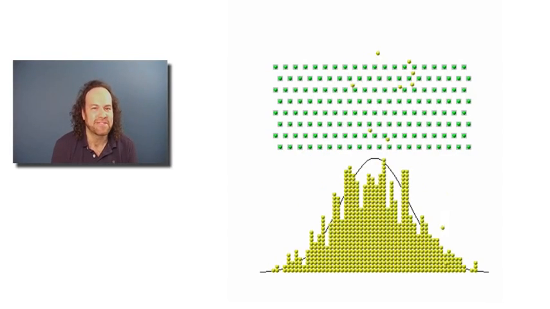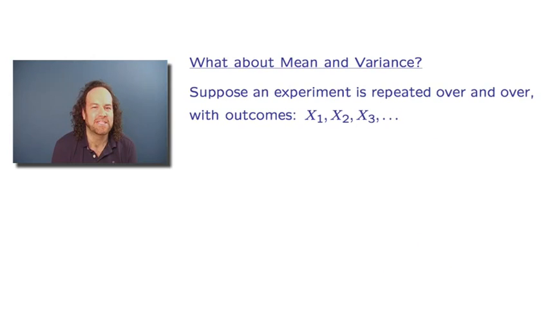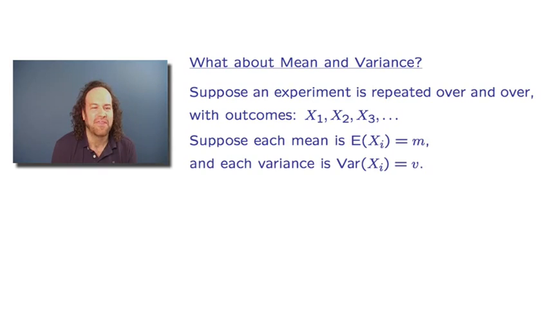Now, these results can be understood a little bit better if we remember what we learned about the mean and variance of probability distributions in previous lectures. So if we imagine that we're repeating a bunch of experiments, and the results can be written as x1, x2, x3, and so on, and suppose we know that the mean or expected value of each experiment is some number, let's call it m, and the variance of each is some other number, let's call it v.